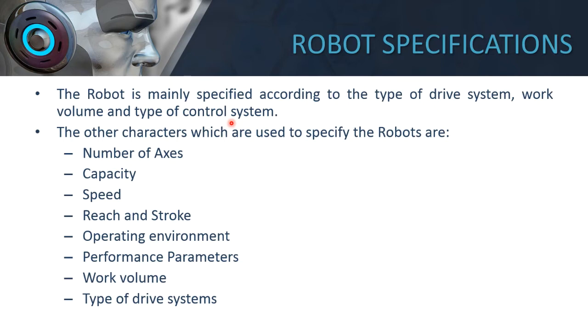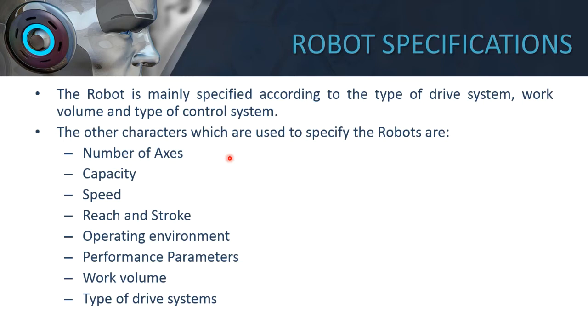But other than these, there are certain characteristics which are used to specify the robots. They are number of axes. There are certain other characteristics which are used to specify a robot. Similarly, think about the specification when you are purchasing electronic goods, for example, your cell phones.